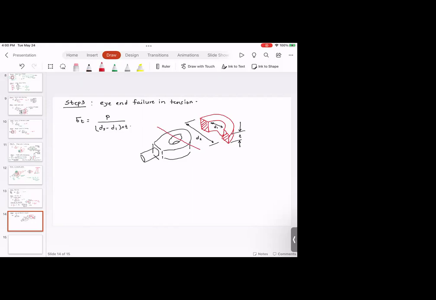So this guy is known. Then D2, typically, is approximately 2 times D1. And remember this sort of thumb rule all the time. If you have a boss, it means you have an inner hole, you have an outer hole, and you have something that is passing through the inner hole. So you want to make sure that this whole design is safe. So this outside diameter is typically 2 times the inside diameter.